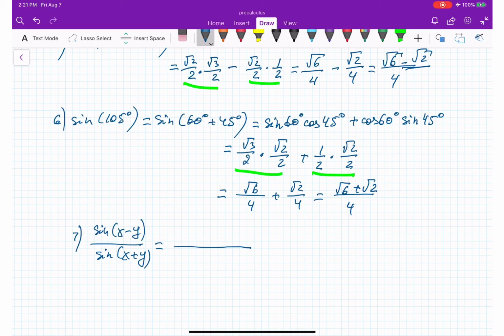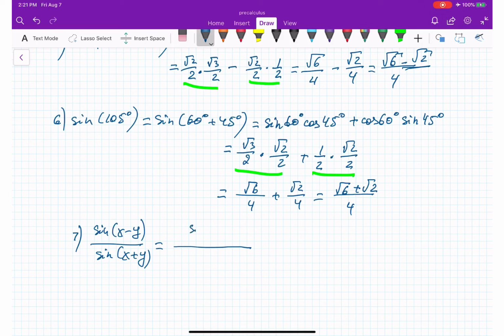So sine x minus y is going to be sine x minus y over sine x sine y. Okay, let me use red color.